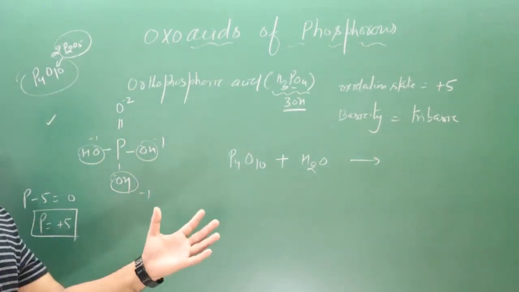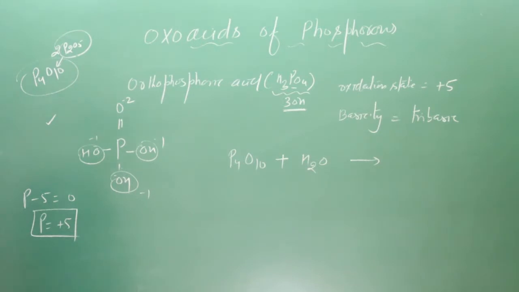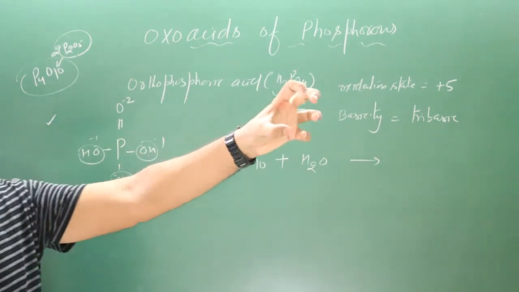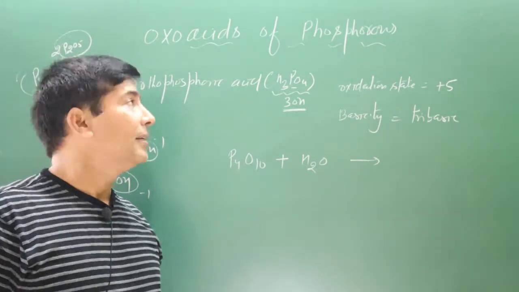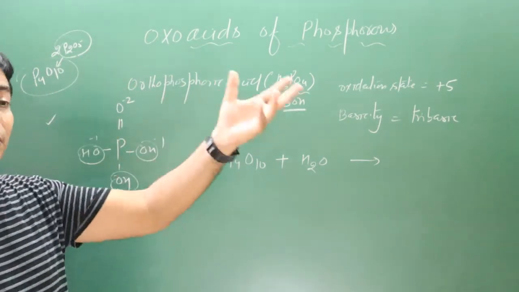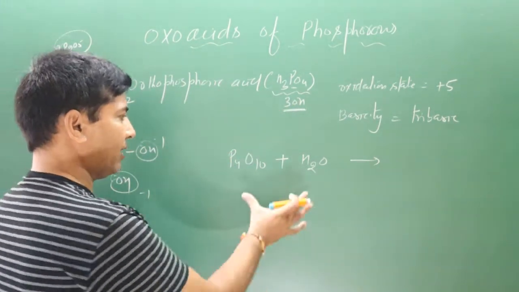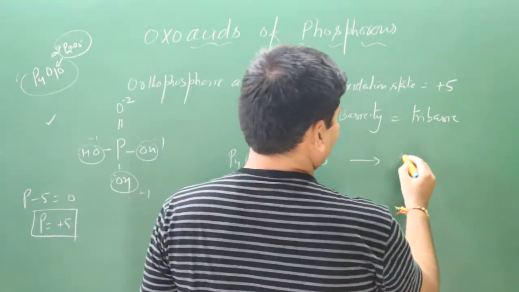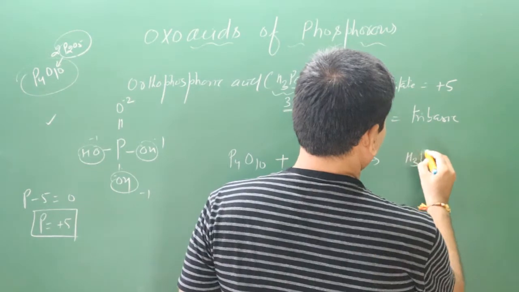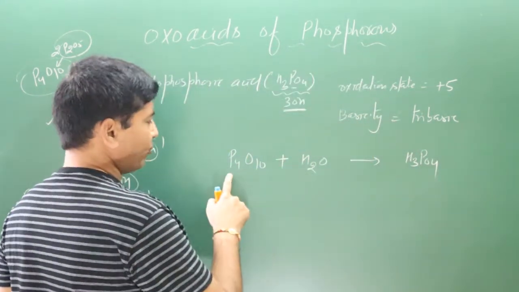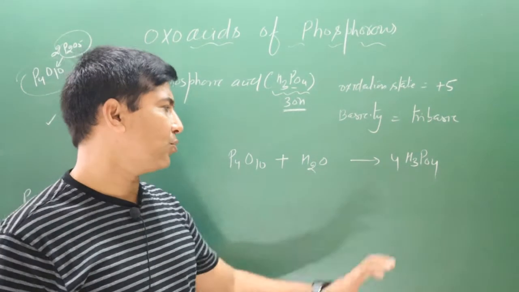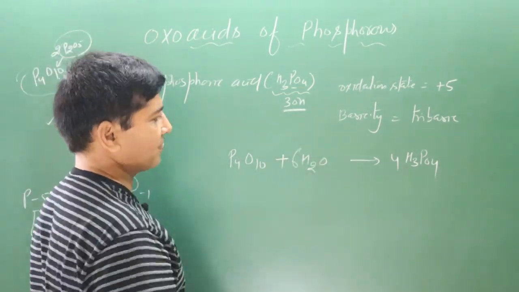Too much water will not be there, only a very small quantity. Keep in mind that it acts as a dehydrating agent and absorbs whatever quantity of water is there. It is a combination reaction because it absorbs water molecules. So it forms H3PO4. 4 phosphorus, multiplied by 4. How many hydrogen? 3 times 4 is 12, so multiply water by 6.